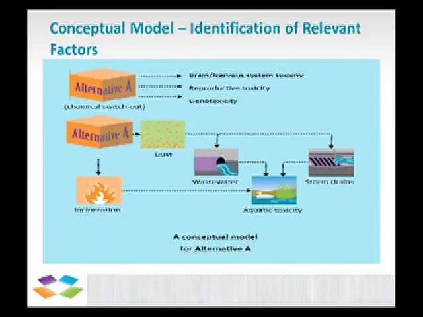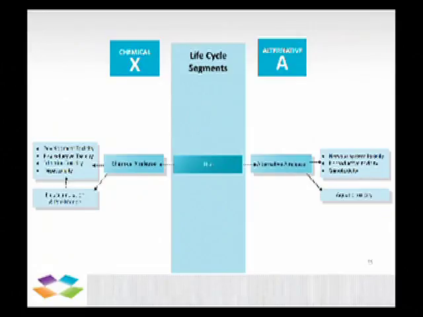So when comparing this alternative, responsible entities can also do the same on a priority product. If we look at the total life cycle of the system, on this use phase, we know the alternative A release will cause this aquatic toxicity and human health impacts. And on the left side, the priority product containing chemical X, you may also be doing the same.